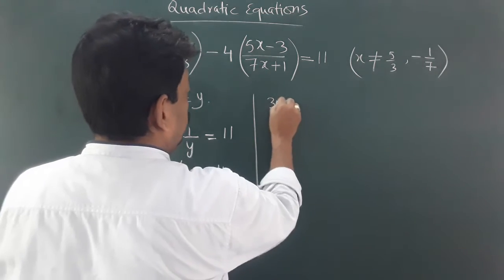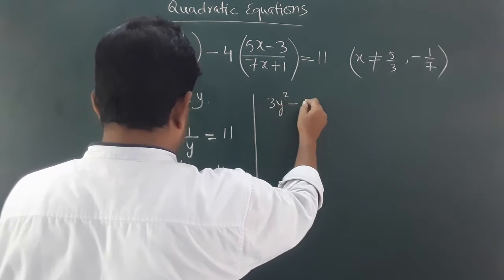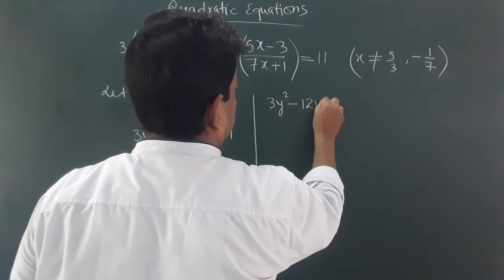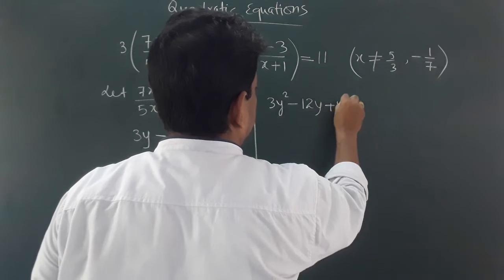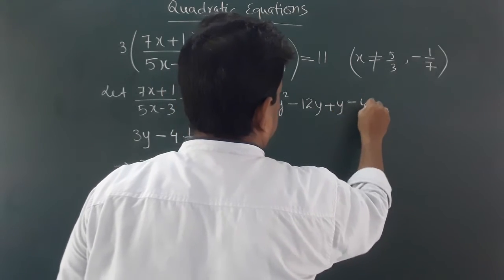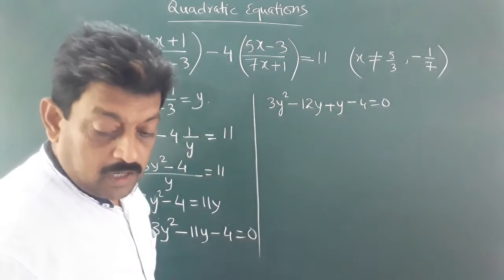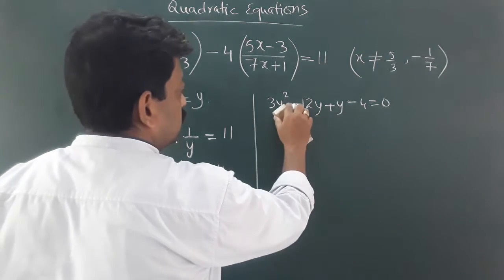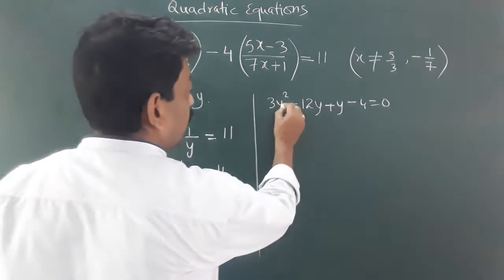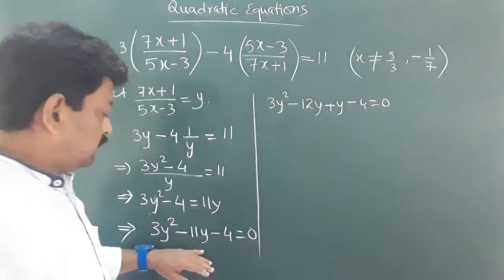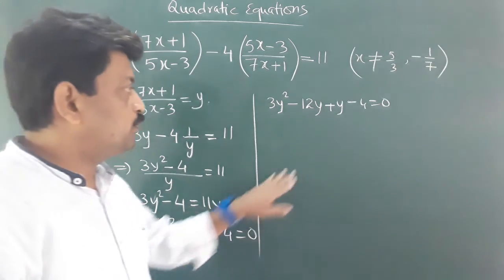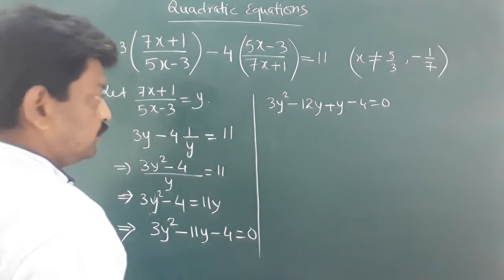So it will be 3y square minus 12y plus y minus 4 equals to 0. I have used that technique, the method of splitting the middle term. The middle term has been divided into two parts, minus 12 and plus 1.